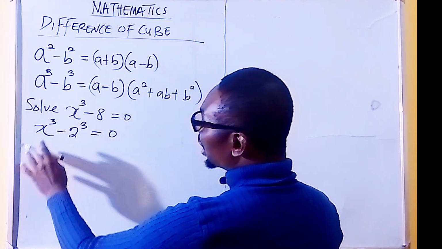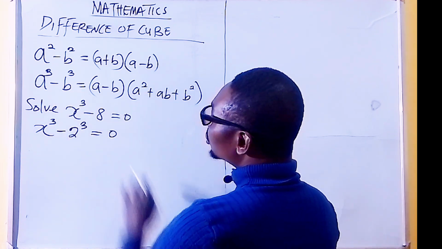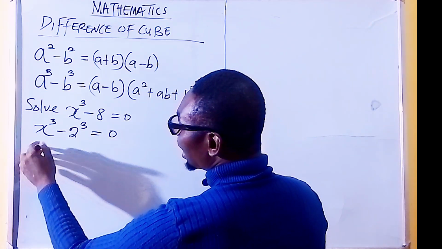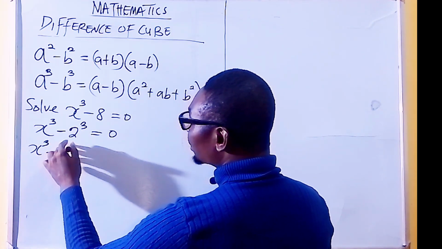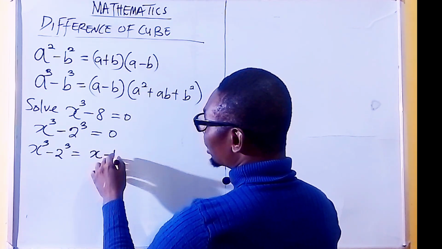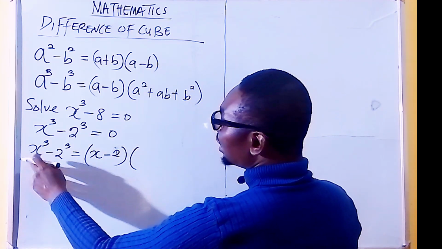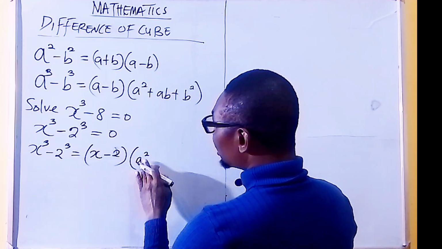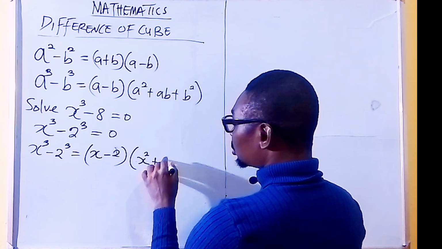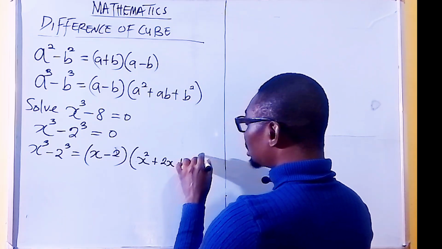So when we factorize this, let's say our x is equal to a, our 2 here is equal to b. So we compare and write the factorization here. So we now have x raised to the power 3 minus 2 raised to the power 3 is equal to x minus 2 into x square plus 2x plus 2 raised to the power of 2.